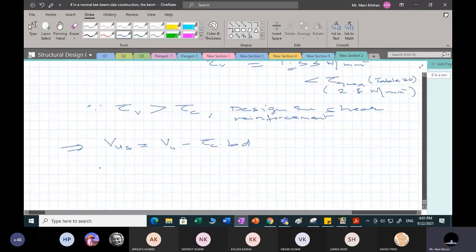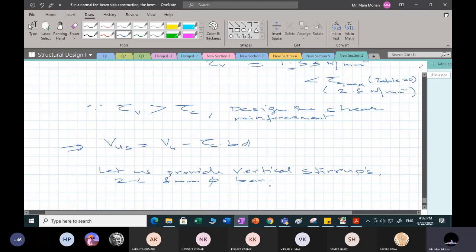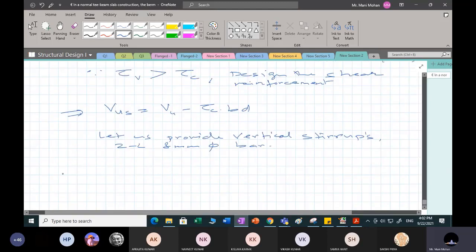Let us provide vertical stirrups. In general, you will go with vertical stirrups only. We are going to go for two-legged 8 mm diameter bar. So you will say that you are providing vertical stirrups, two-legged, using 8 mm diameter bar.